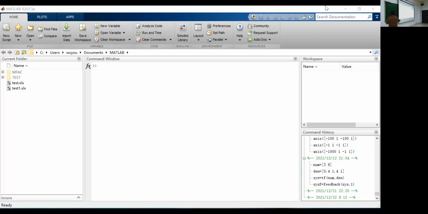First, do you guys know how to write a matrix in MATLAB? Matrix. No, we didn't do MATLAB. Okay, let's see an example here.